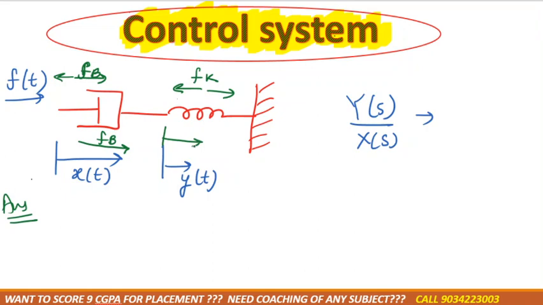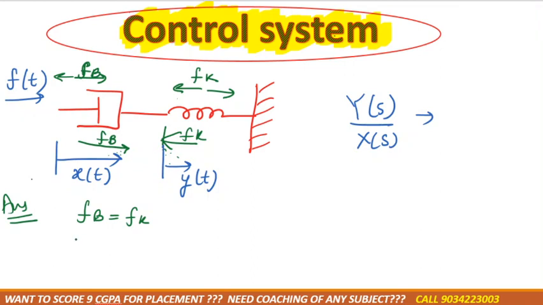Then the spring is moving in the opposite direction, because if you press the spring, then it will be extended, so it would be FK, correct? Why are we saying this? Because equal and opposite reactions are always equal, so we can say that FB is equal to FK, according to Newton's third law of motion: to every action there is an equal and opposite reaction.